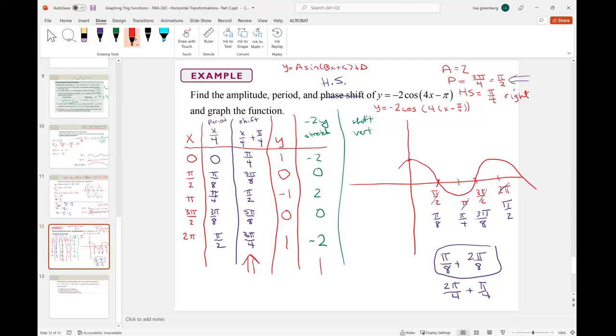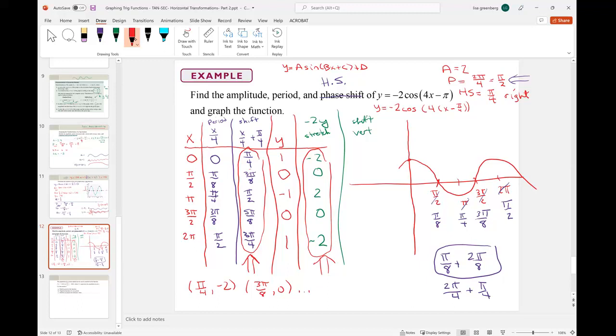So when I want to graph it, I'm just going to graph pi over 4, comma, -2, right? I'm just reading this column and this column. So then I'll have 3 pi over 8, 0, and so on.